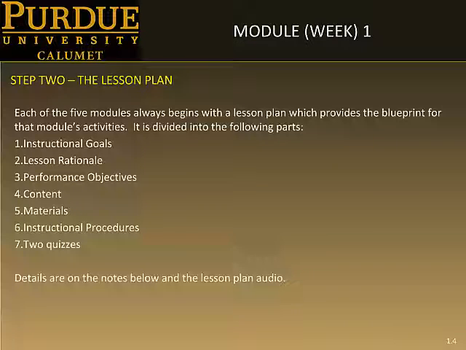Third, performance objectives. Fourth, content. Fifth, materials that you'll need for the lesson. Sixth, instructional procedures for the lesson. And of course, seventh, 2 quizzes. I'll go over the details of each of these, and they are in the notes below and on the lesson plan audio. First, instructional goals.